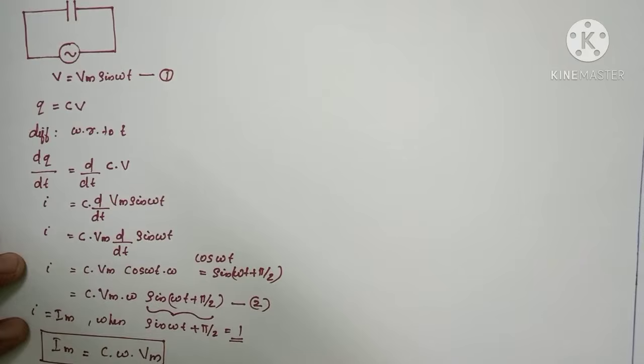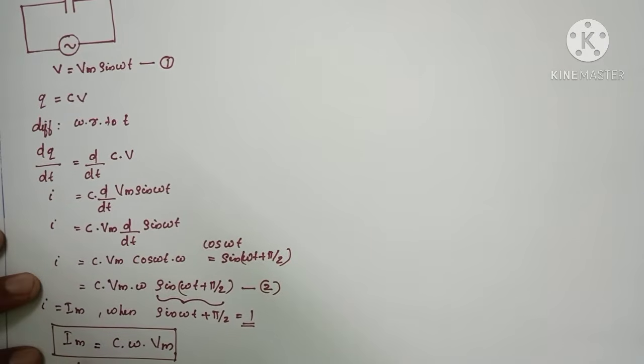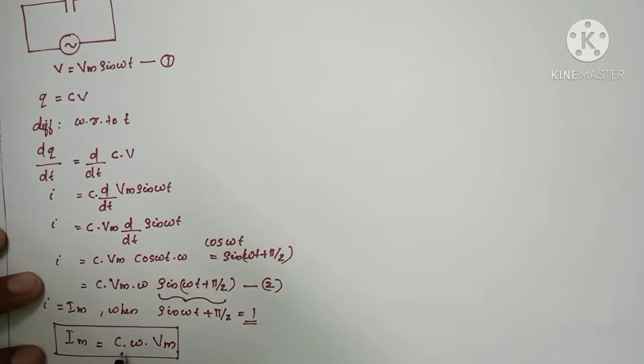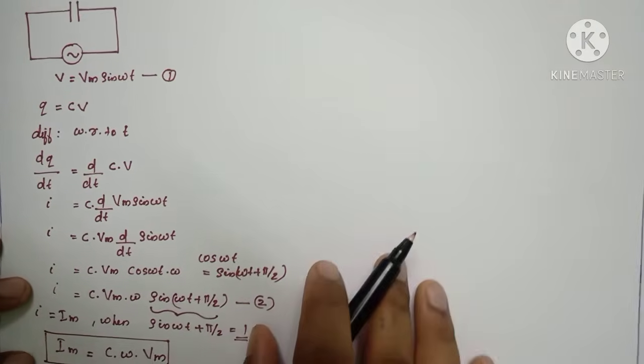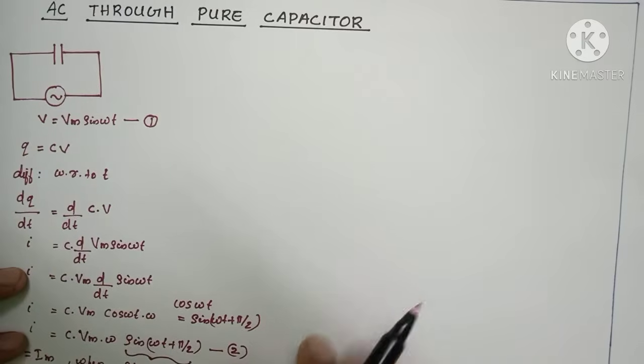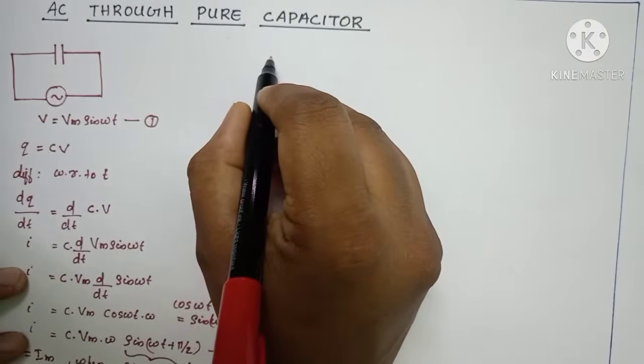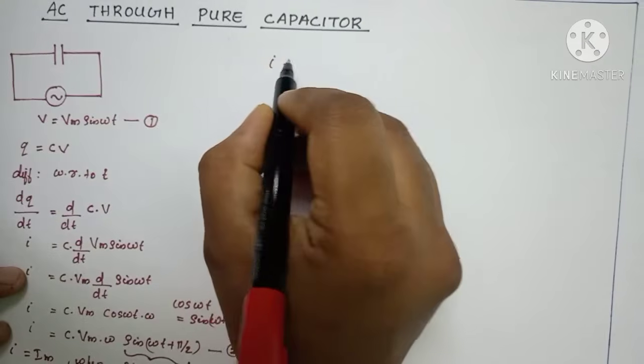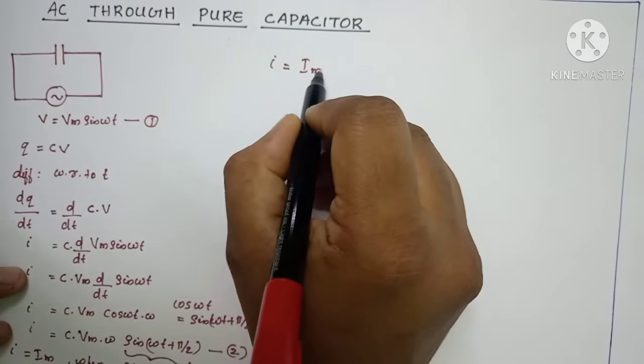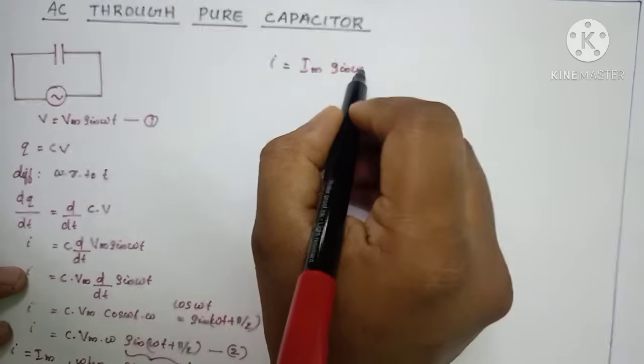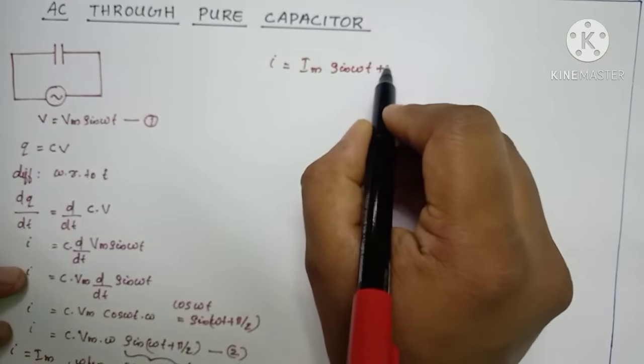If we compare, we can put the value of Im into this equation. Instead of C into omega into Vm, by replacing this C omega Vm by this Im, we will get i will be equal to Im sin omega t plus pi by 2.